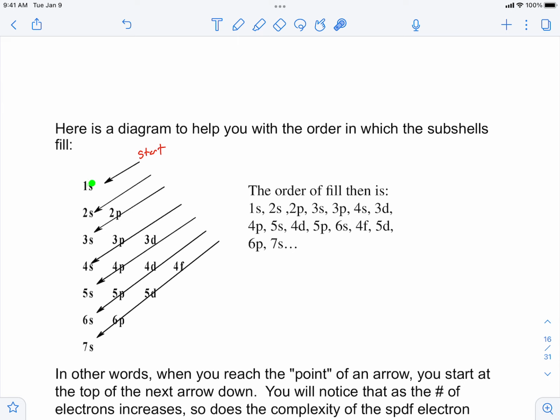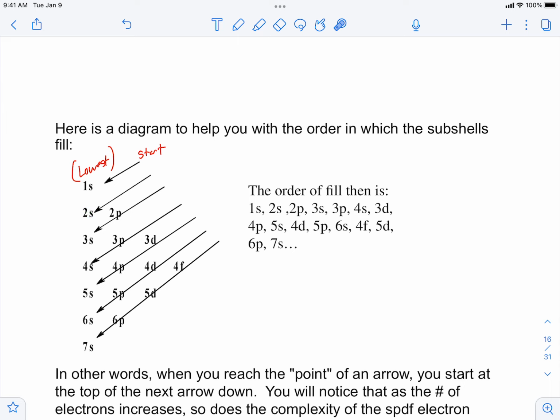And we end up at 1s. And every time an arrow terminates, we start the new arrow. So the first sublevel of everything, the lowest, is 1s. After 1s, if we have more electrons to count, then we start the second arrow, and that takes us to 2s. So 2s is the second lowest.